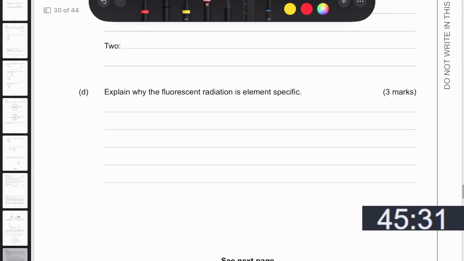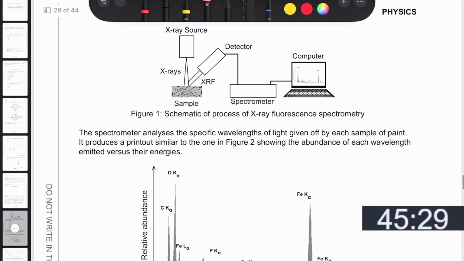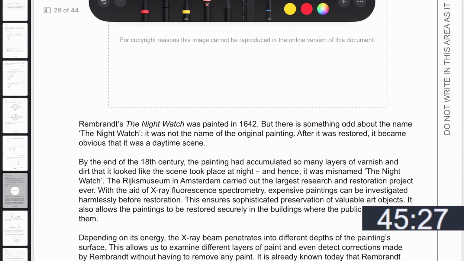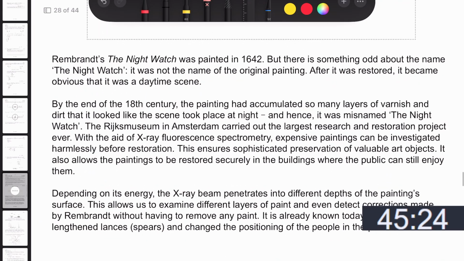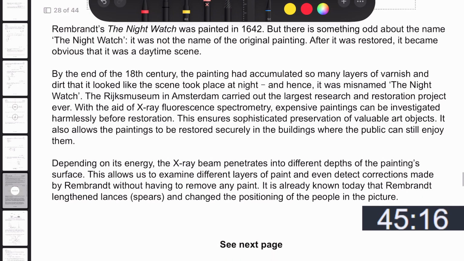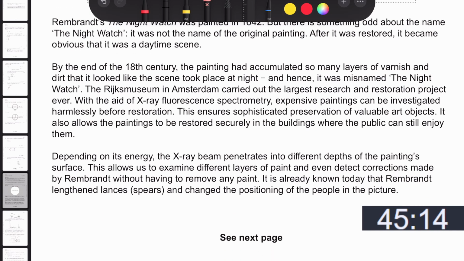And two, it allows paintings to be restored securely in the buildings. This is a sophisticated preservation.